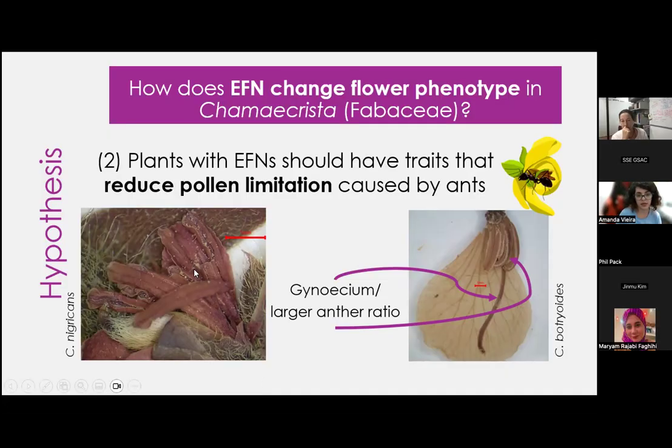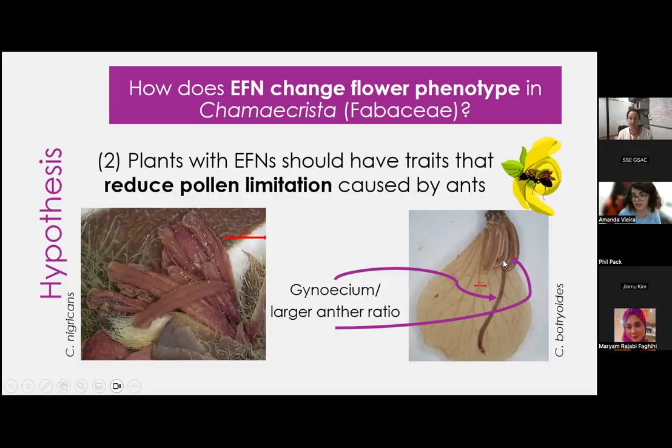So in this case, we have Chamaecrista nigricans. You can see that the stigma is in here. So it's basically the same size or a little bit smaller than the anthers. So they might receive self-pollen. They might be able to self-pollinate. This is a hypothesis. But there are also other plants that have a larger gynoecium compared to the anther.